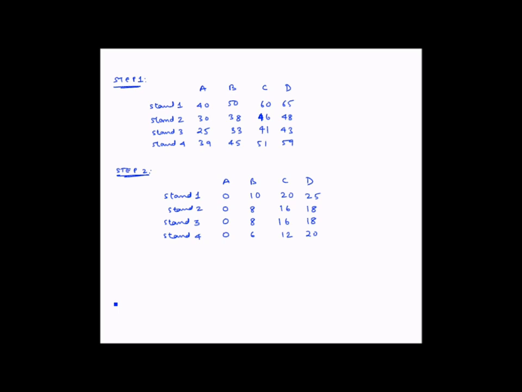Now let's move to step number 3. Here we'll subtract the smallest element in each column of the matrix obtained in step 2 from every element in that column. So let's copy the shell first.